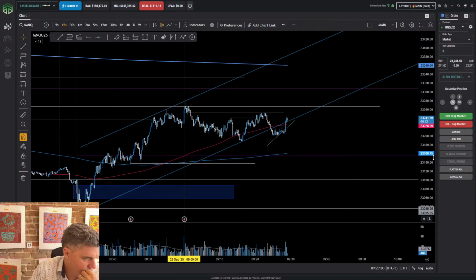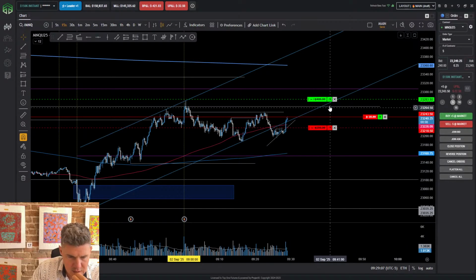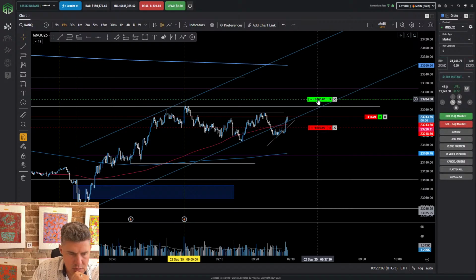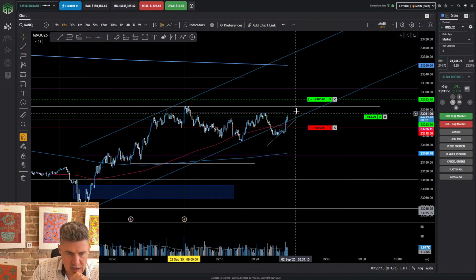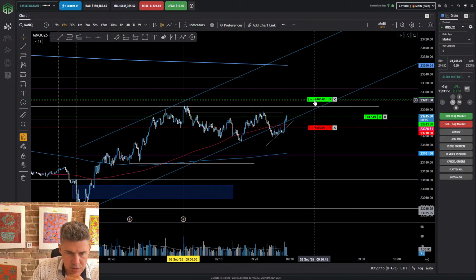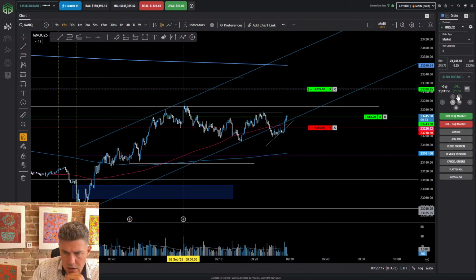Tempting to revenge trade. Is this a revenge trade or is that literally... Order filled. Tough, dude? I had to take this because that's actually decent volume, and there's a lot of reason for it to push up here, honestly.